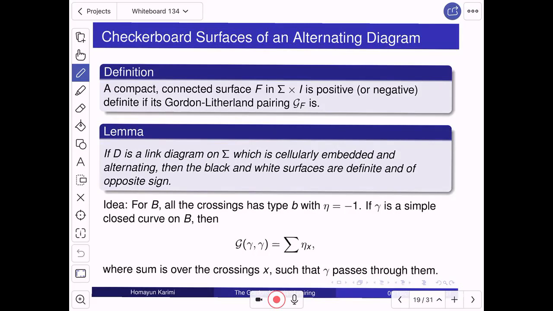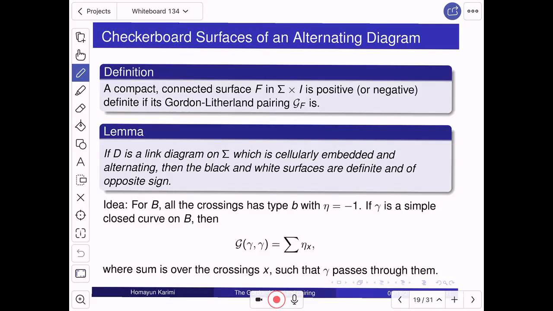So the lemma here is: if D is a link diagram which is cellularly embedded, remember that means the complement of the diagram is only disks, and assume this diagram is alternating, then the black and white surfaces are definite surfaces, and one is positive, the other one is negative.